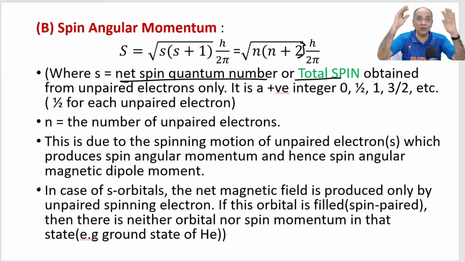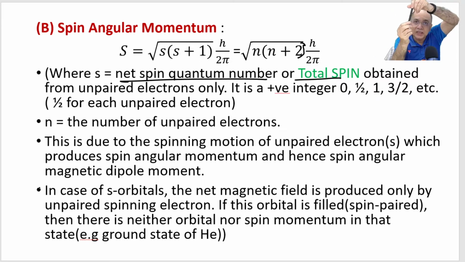So if the orbital motion is not there, the net resultant motion is 0. That means the orbital angular momentum, capital L, is 0. That is for the s orbital. But there is a spin, so only one magnetic field is left. There cannot be any internal LS coupling in that case.